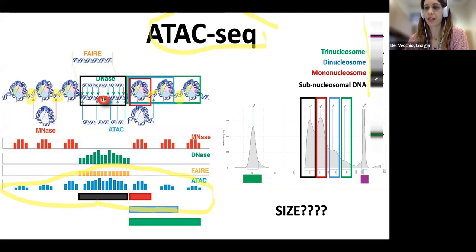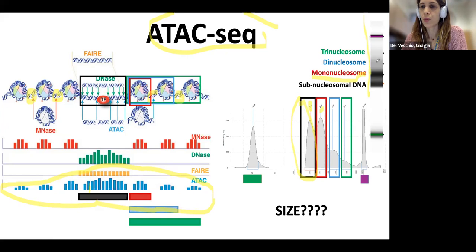The black band, the shortest one, 198, is the subnucleosomal DNA, all these small fragments here. The mononucleosome, the red one, so just one nucleosome, has a size of 298, okay?